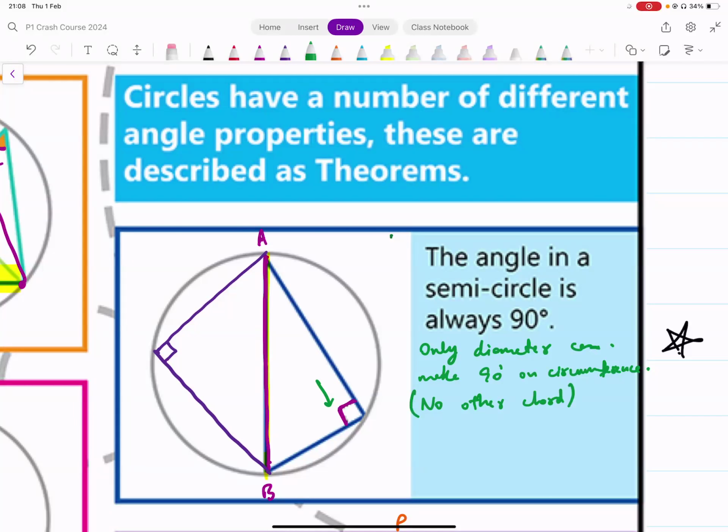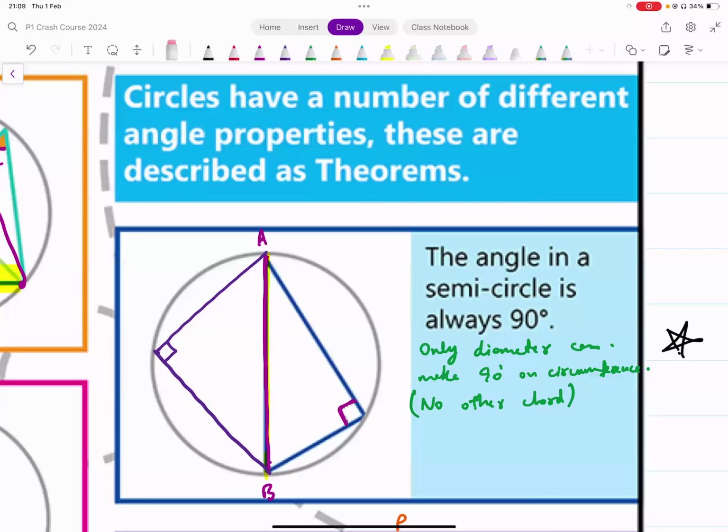No other chord in a circle can make 90 degrees on the circumference. So if the angle is 90, that ensures that that line is a diameter.